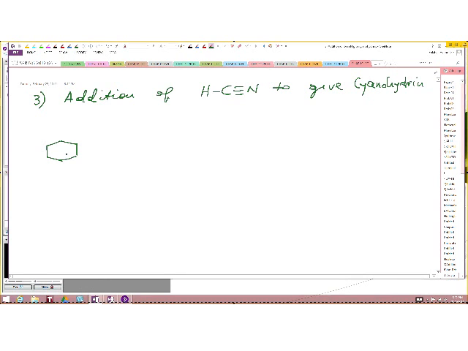Keep in mind, even though I am using this same example, this applies to all ketones or aldehydes, the carbonyl of ketones or aldehydes. So what do you have here?